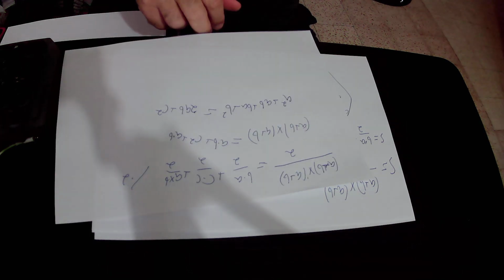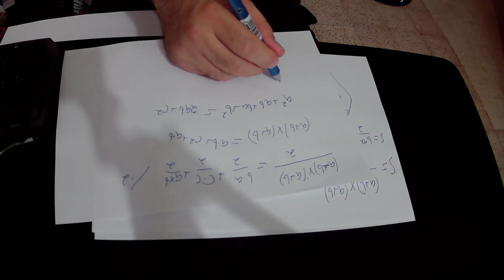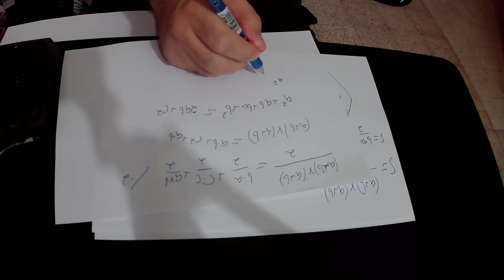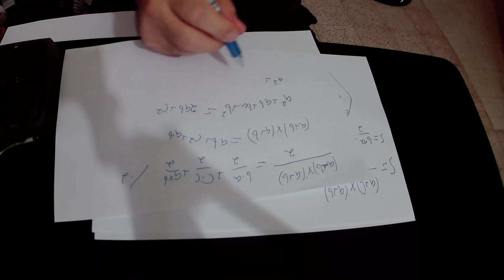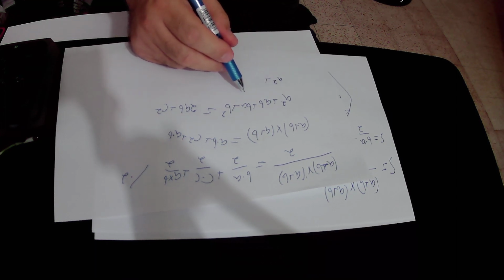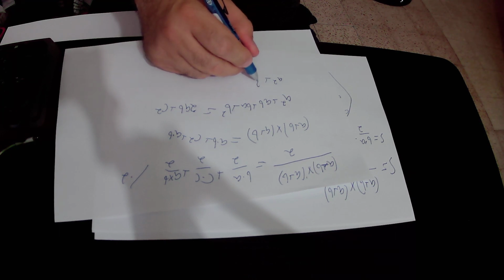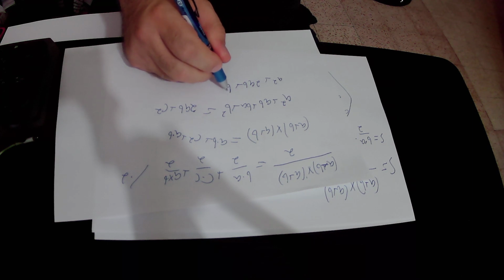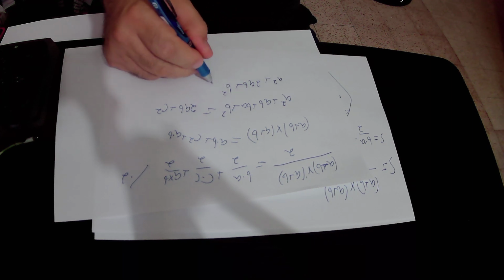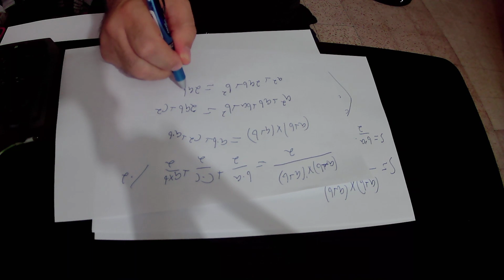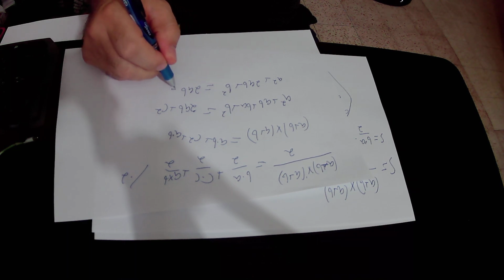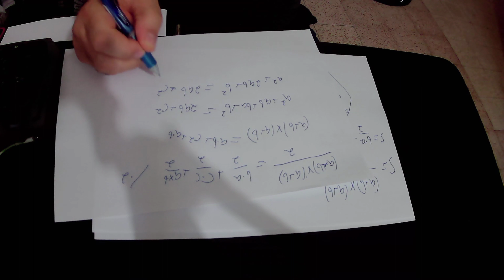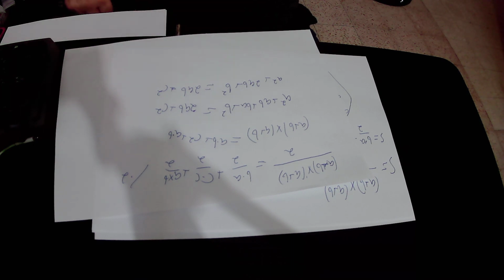So here we got A squared plus AB plus BA is 2AB plus B squared equals 2AB plus C squared. We can deduct 2AB from both sides of this equation.